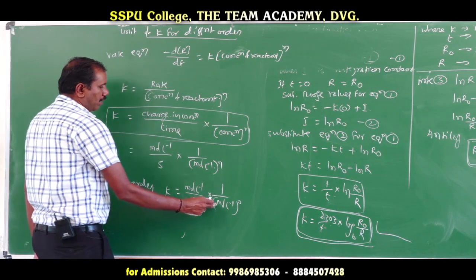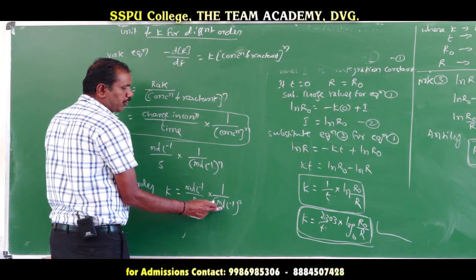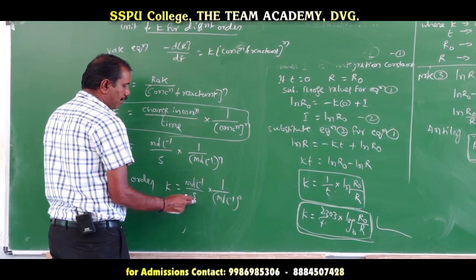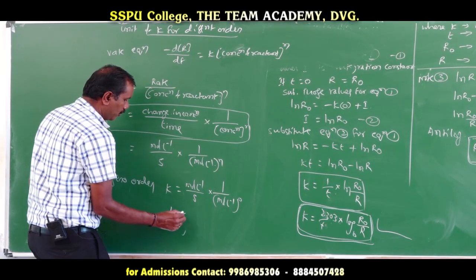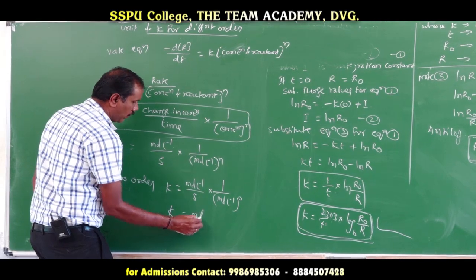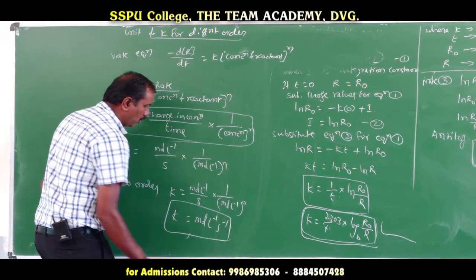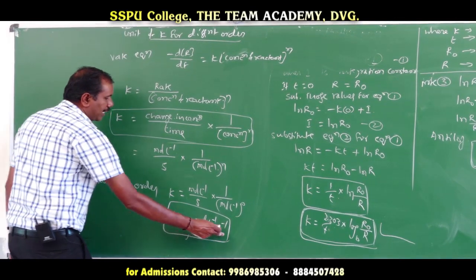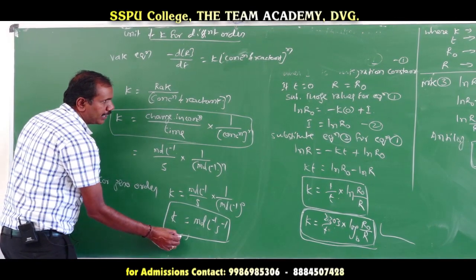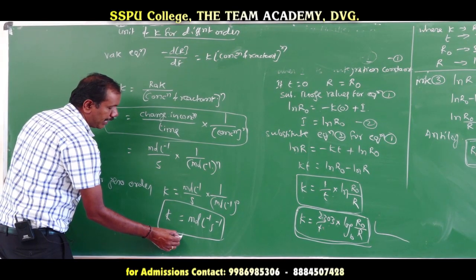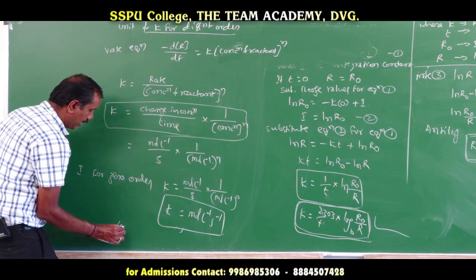Mole per liter to the power 0 means it should be 1. So finally, mole per liter per second. The unit of K for zero order is mole per liter per second. Mole per liter per second is the velocity of reaction. It is the unit of velocity of reaction.